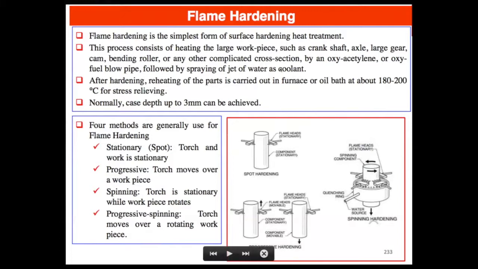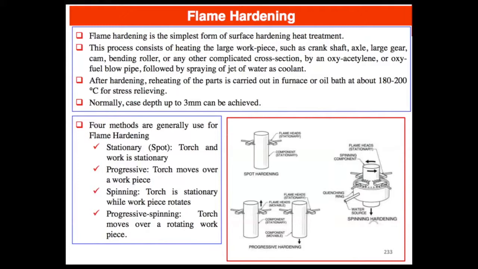And then spray quenching, then tempering the parts very slightly to relieve the residual stresses, but not diffuse too much carbon out, right? And you'll see this term case depth. You've heard case hardened tools or case hardened steel. That's the depth of the surface layer that's been hardened, right?